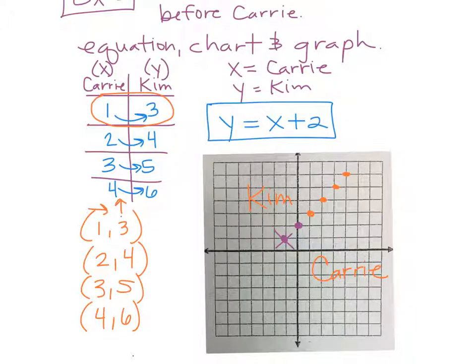Is it possible to have a point here? Can you see which one I just drew? That one? No. Yes. She can have. She could be half, right? So this is 1, 2 and a half, and 1, 2, 3, 4 and a half. It's possible for Carrie to be 2 and a half and Kim to be 4 and a half, right?